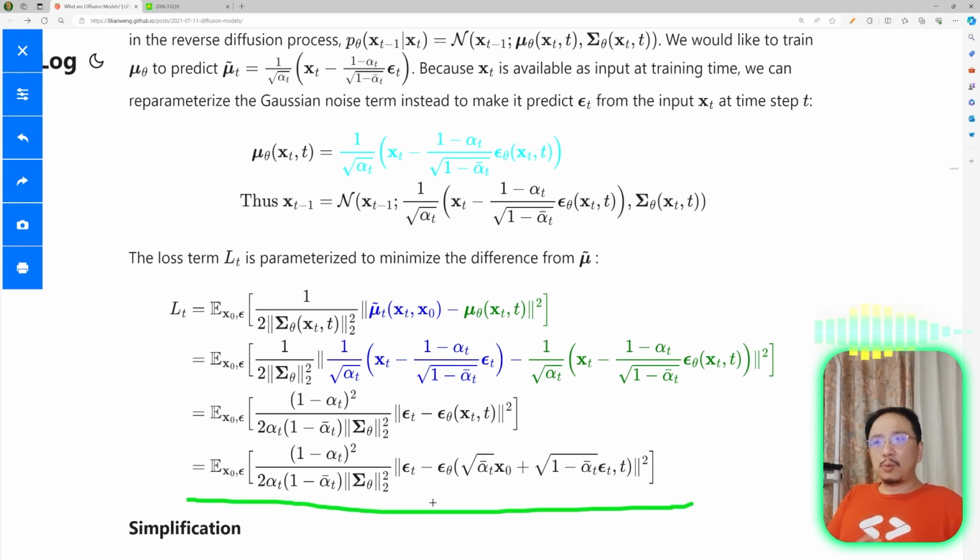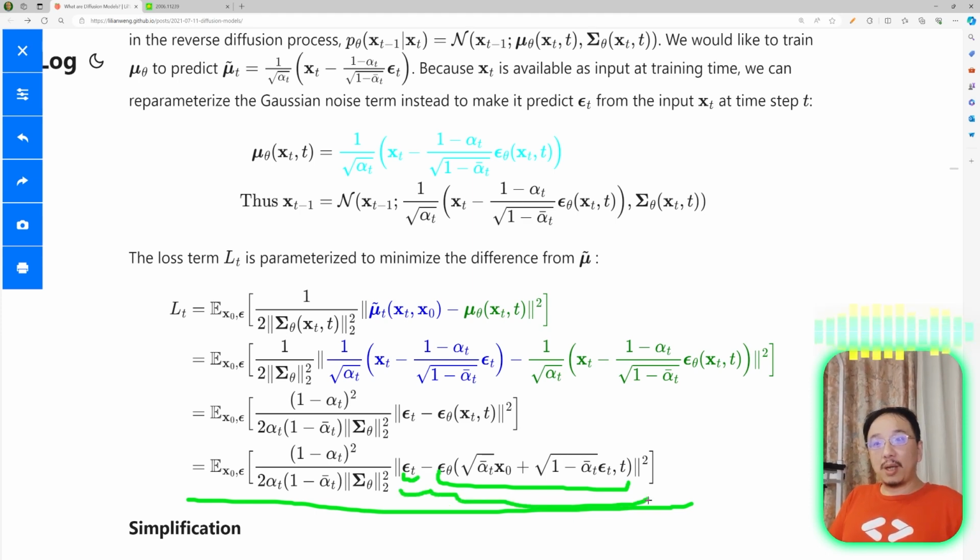So how to interpret this formula? The formula basically says that we are trying to predict the noise, where epsilon is the noise, and comparing it with the true noise, and we compute the mean square error.